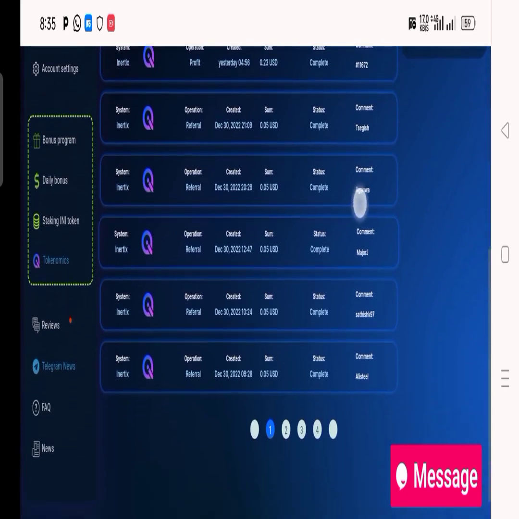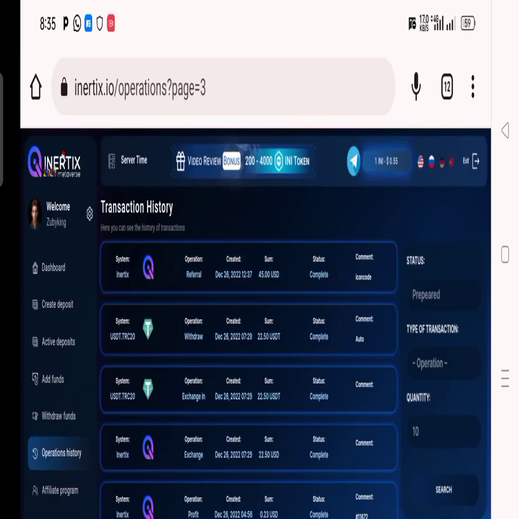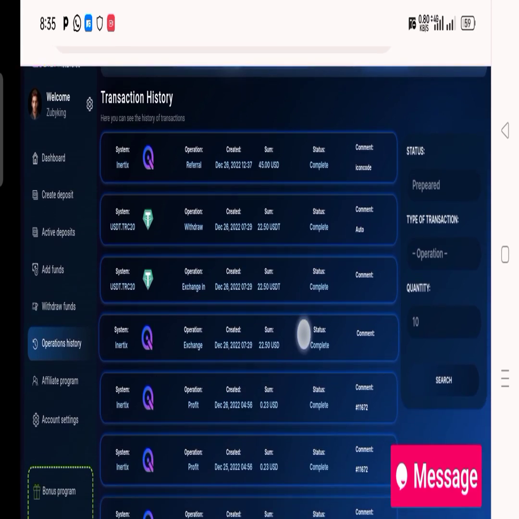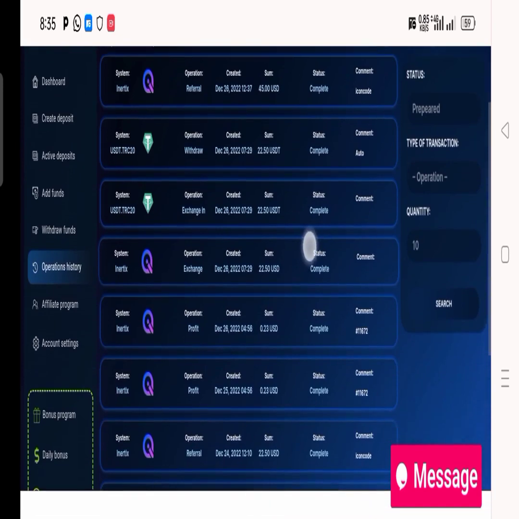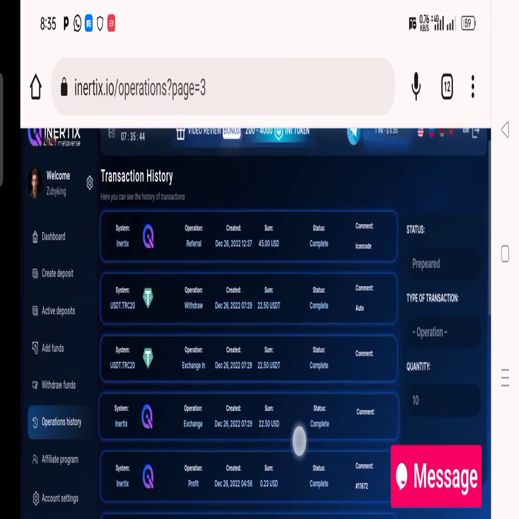Withdrawal. So let's go over here. I think it is in the third portal, so let's let the third portal load. As you can see, operation withdrawal in USDT TRC20. Look at it over here, a withdrawal of 22.5 USD. And also another withdrawal. I made 2 withdrawals here.